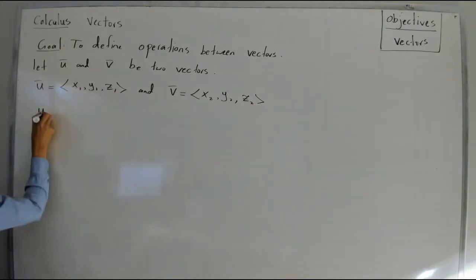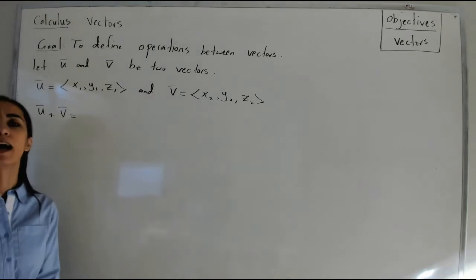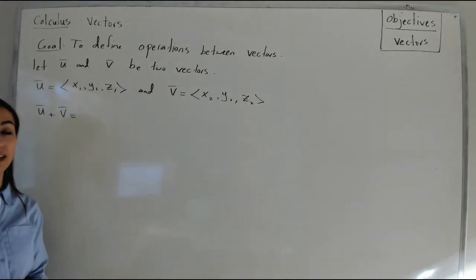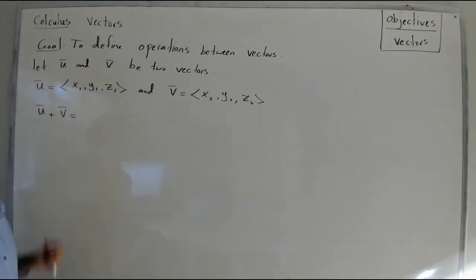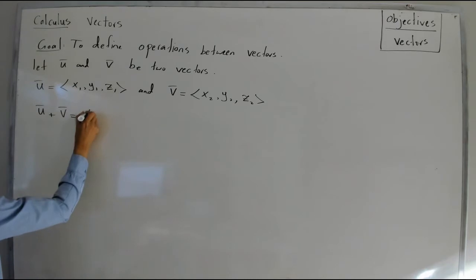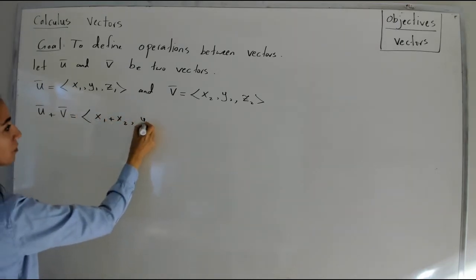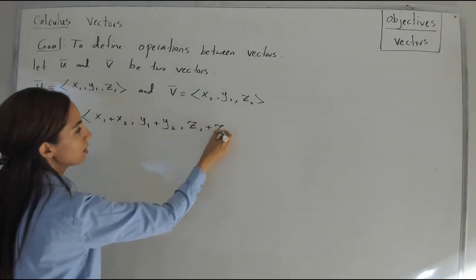So u plus v is defined as a new vector. Well, the components of this new vector is the addition of the components of u and v. So it's defined as x1 plus x2, y1 plus y2, z1 plus z2.